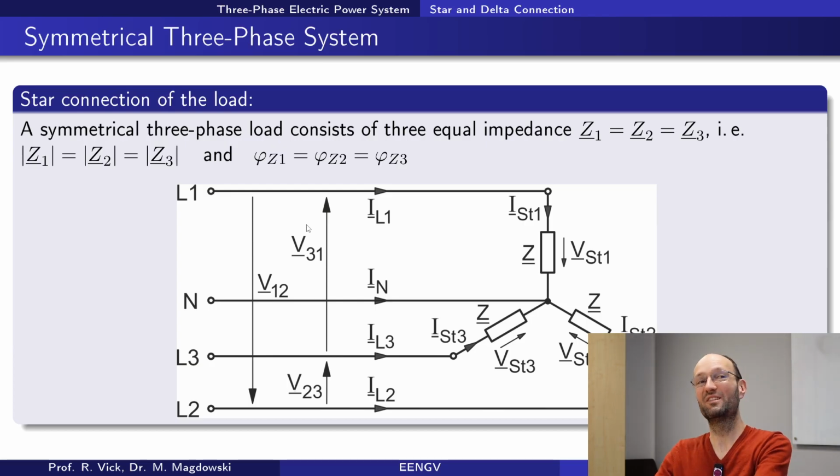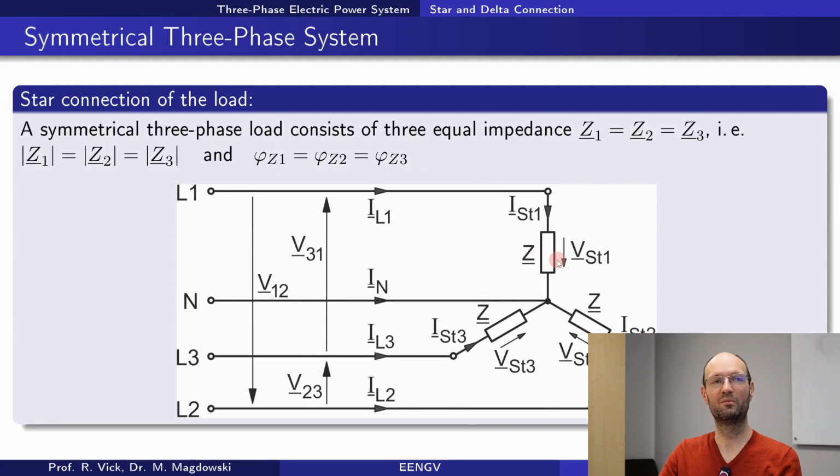So then we could do the same thing at the load, and at the load, of course, the same things will happen, right? So here we have some line current. It will be the same phase current here. Line to ground voltages will be the same as the phase voltages here, but the line to line voltages are not similar. So line to line voltages will be square root of 3 times larger than these voltages here.